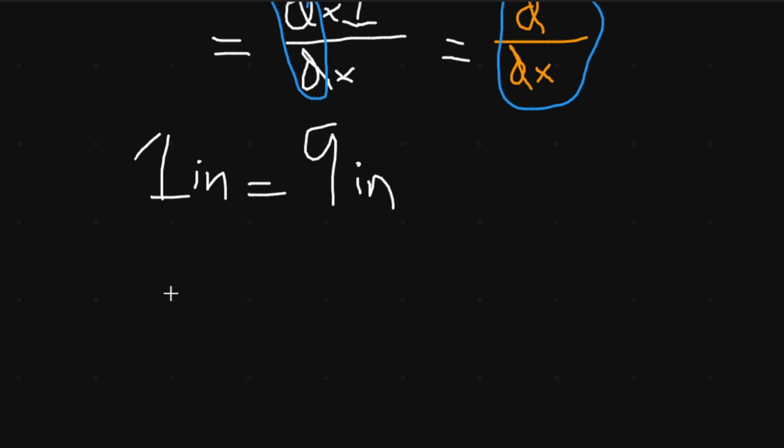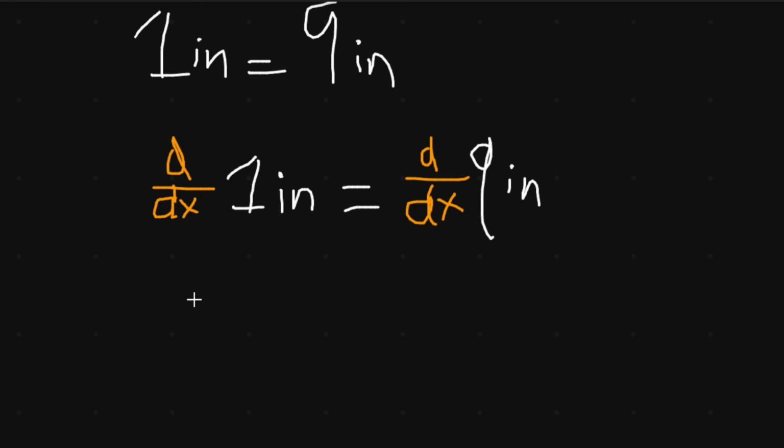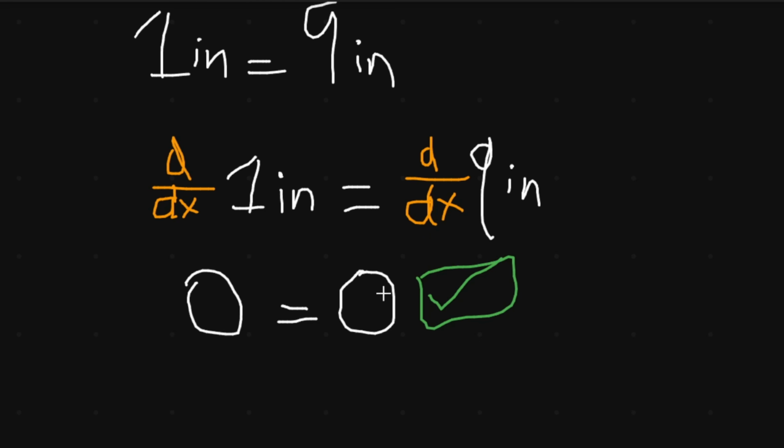So if we take d of dx, which is the derivative of 1 inch, and we equate that to the d of dx of 9 inches, we would get that 0 equals 0, as the derivative of any constant number would equate to 0, thus making this equation true and complete.